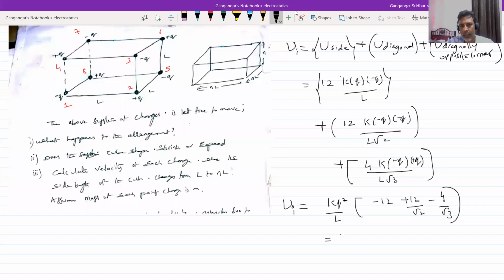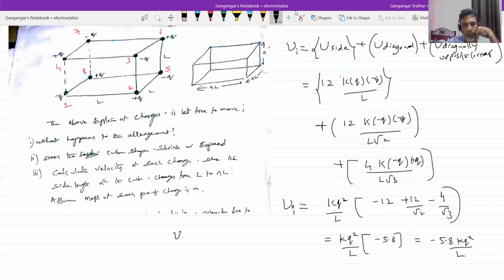Anybody, value of this? Minus 12, 12 root 2. 5.8, I think we'll end up with 5.8 as the nearest value. So this will be minus 5.8 K Q square by L. So I got the negative value. What should I interpret?